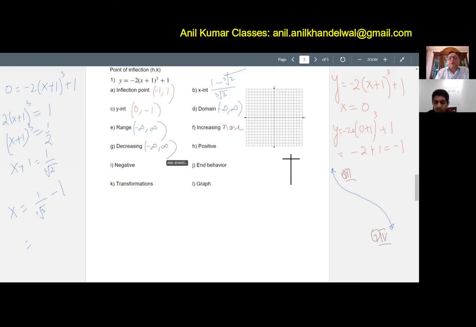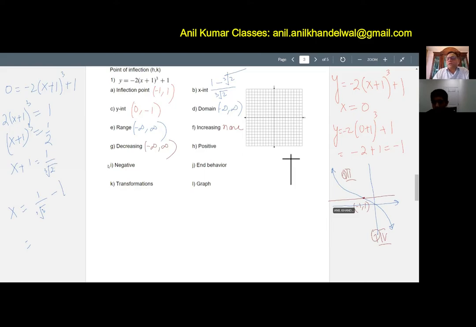Now you have to figure out where it is positive. And clearly you found the x-intercept, right? Which is 1 over cube root of 2 minus 1. And you also know that the point of inflection is at minus 1, 1, right? So basically think like this.